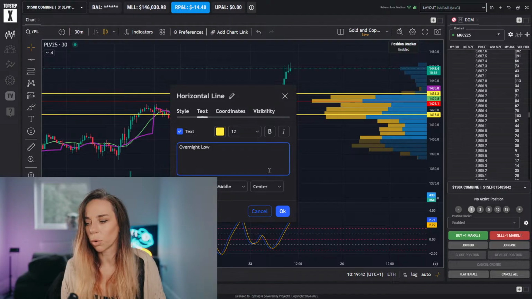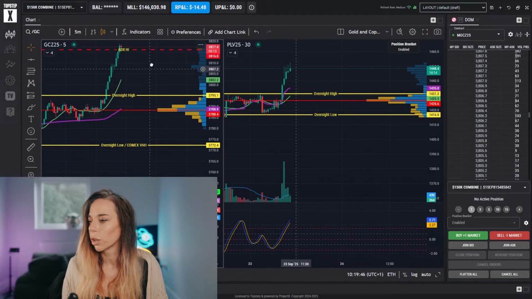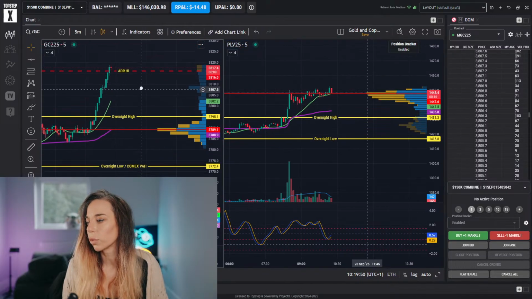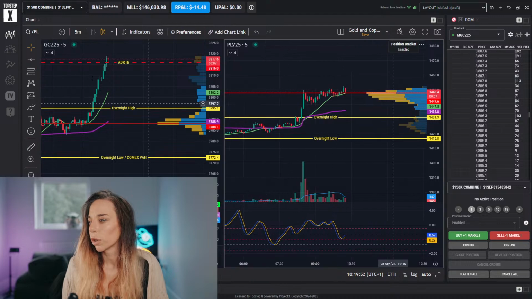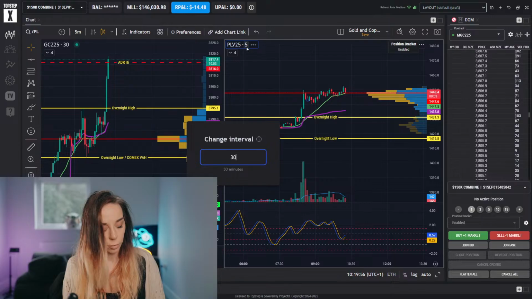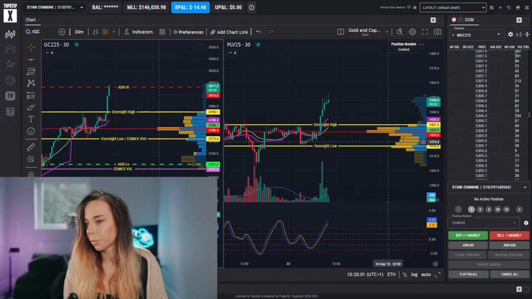comparatively smaller than gold, because if we look at them side by side, and if I go down to the 5-minute chart here as well. No, actually, let's go up to the 30-minute, because that is a better overview.